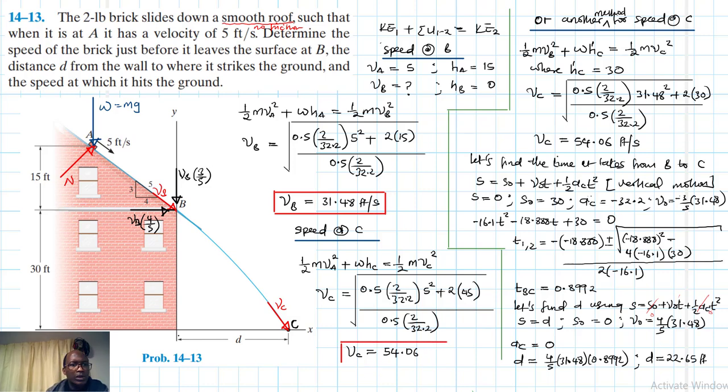We forgot to put units, that's feet per second. And then we have another VC also. We just tried to show two techniques of working it out, and then finally the range.